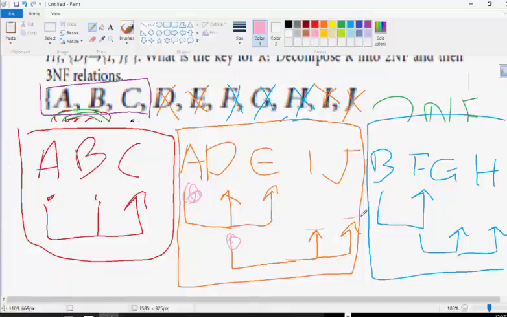So it means that it will have to be what? Be removed. So this is going to have to become another table. And similarly, if you look at the BFGH group, that one as well, you have B to F, and then F to G and H. So that will have to become another table on its own.